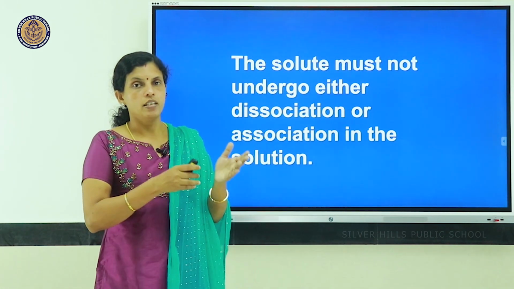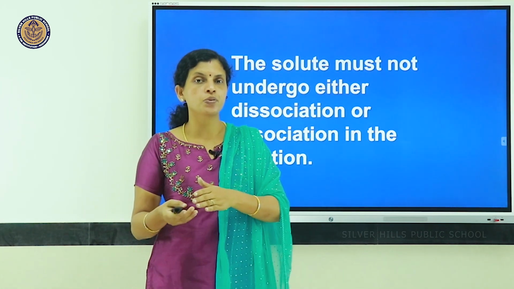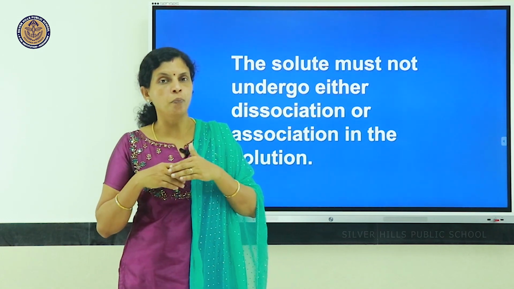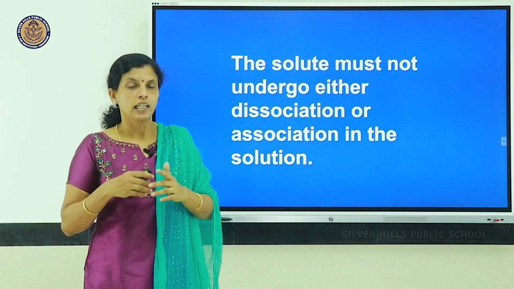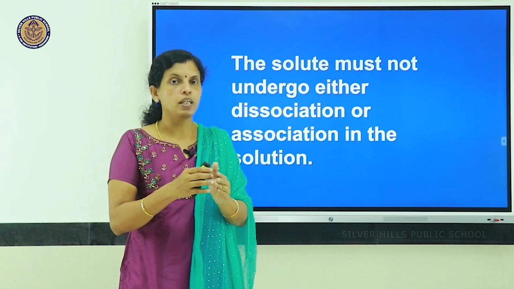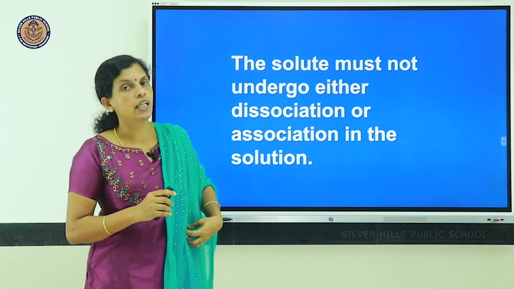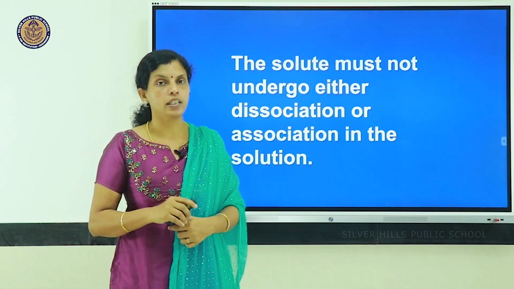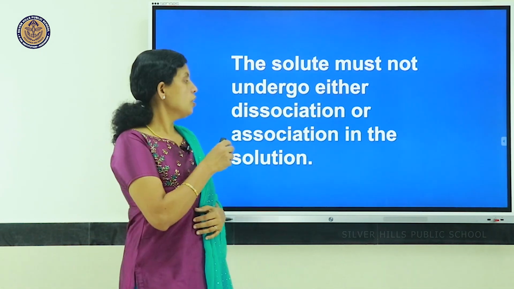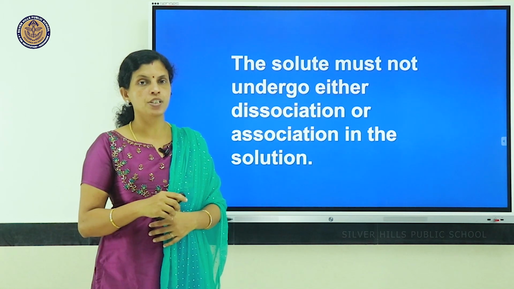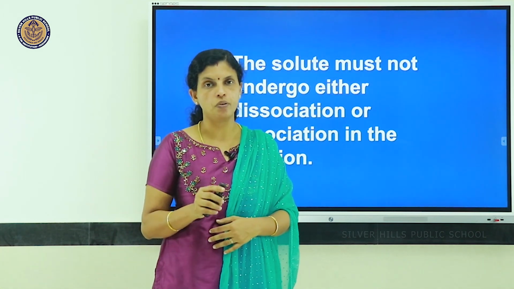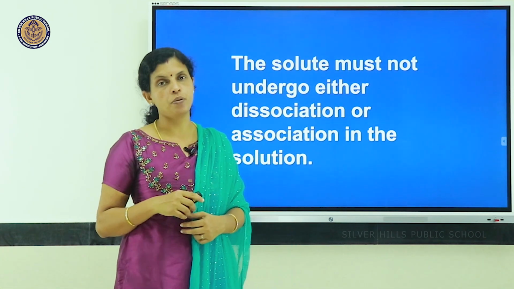In both cases, whether association or dissociation, it affects the number of particles in the solution. And we know that colligative properties depend only on the number of particles in the solution and are independent of the nature of particles. So if there is any dissociation or association in the solution, it will affect the osmotic pressure.